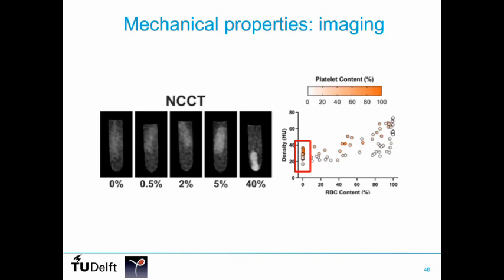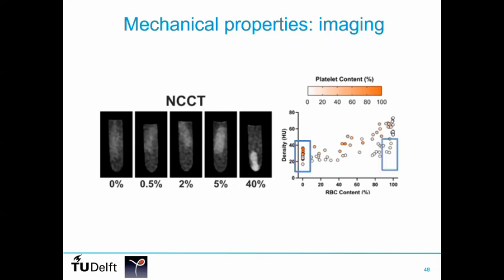If we look at the density here, then we can see the functional dependency on the red blood cell content, where you can see a positive correlation here, again with quite a lot of variation, and that variation is linked to the amount of red blood cells, platelets, I'm sorry. So let's focus here on the ones with a very low red blood cell content.